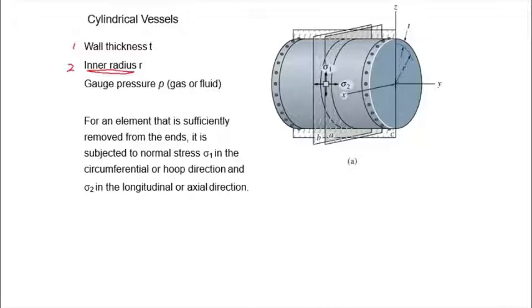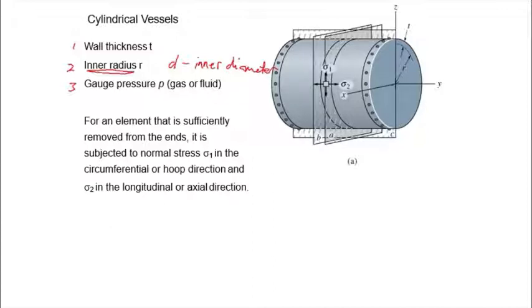Okay, not the outer, it's the inner radius. So if you use D, that will be the inner diameter. Right. And number three is the pressure of the fluid inside the cylinder. Whether it's gas or liquid, it is fluid. Okay. And so we use gauge pressure. P in our equation will be gauge pressure.